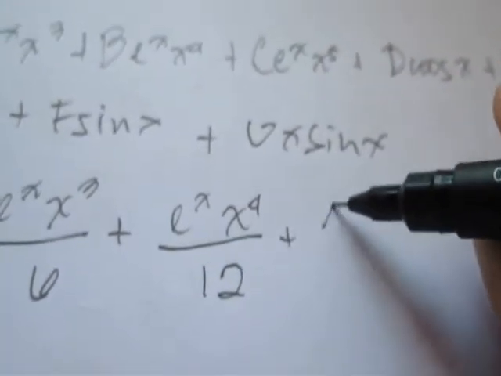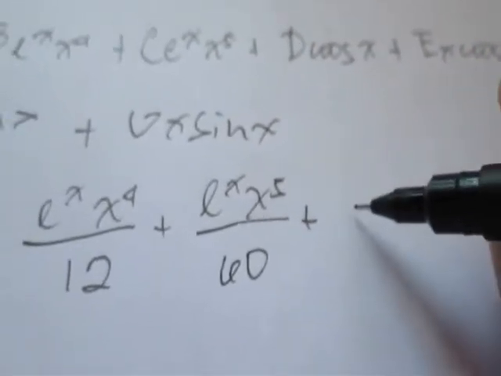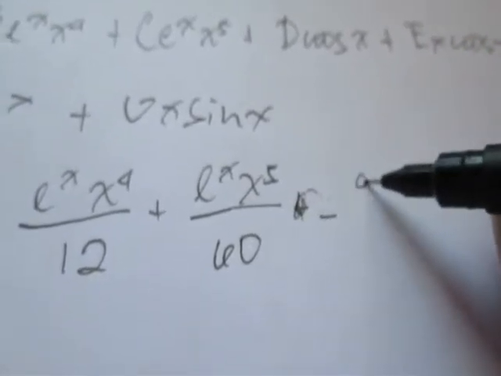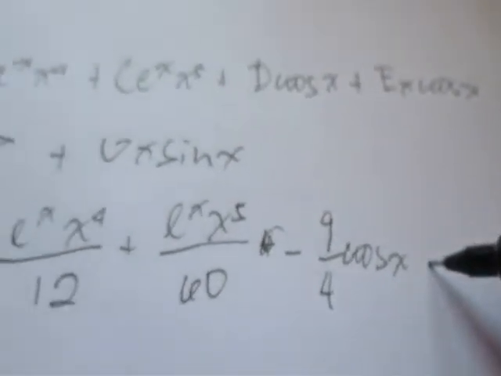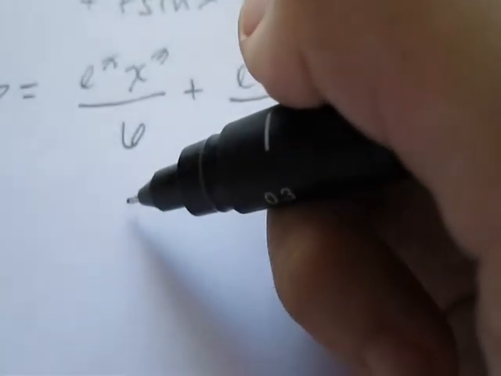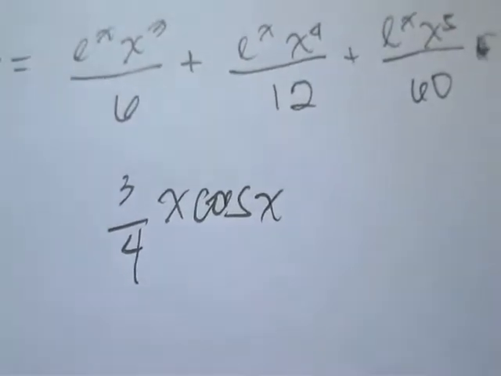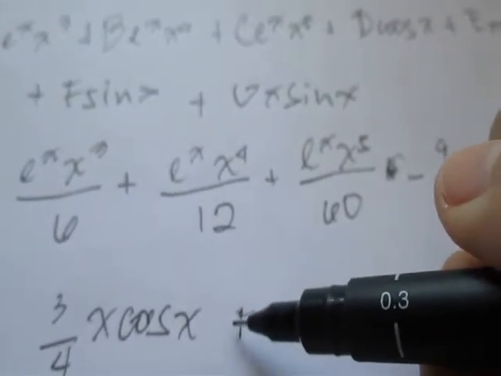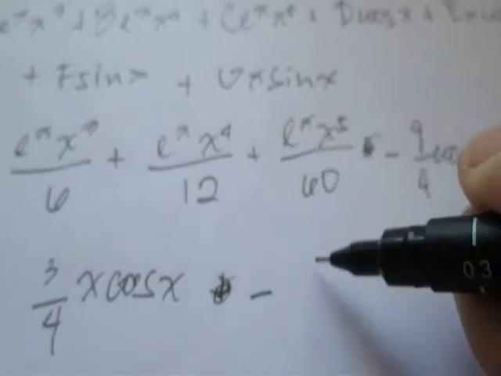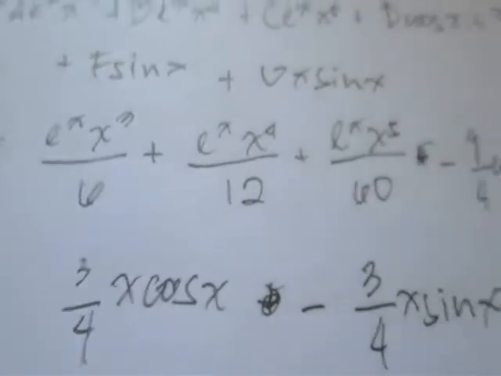Then c, which is 1 over 60, so we have e to the power of x to the 5th over 60 plus d, which is negative 9/4, so we have minus 9 over 4 cosine x, and for e which is negative 3/4, so we have minus 3/4 x cosine x, and for our f which is 0, it becomes 0, so we proceed to our g which is negative 3/4, so we have minus 3/4 x sine x, and that is our y particular.